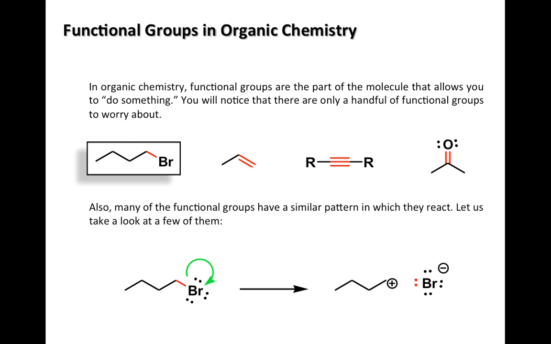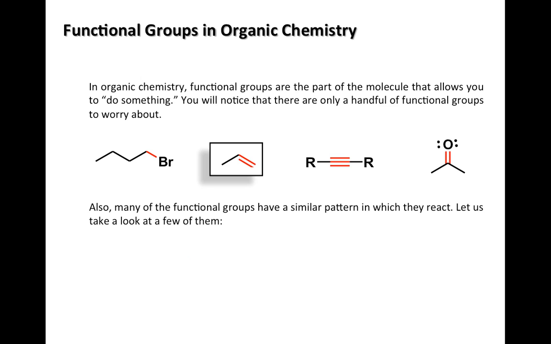When we break the bond and move the electrons in that direction, since electrons are negative, the bromine is going to be negatively charged, and therefore the carbon is going to be positively charged. So we can see that the carbon has a carbocation character, and therefore would act as an electrophile, so something would attack that, meaning a nucleophile.